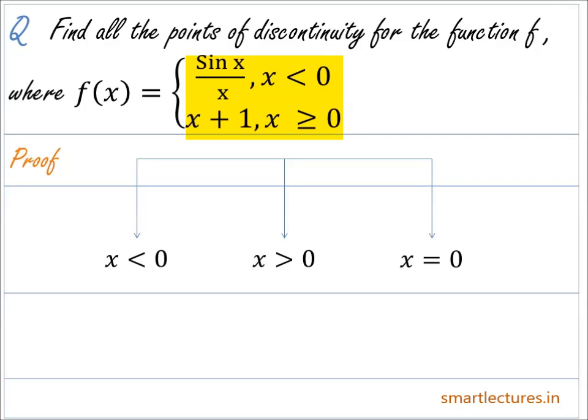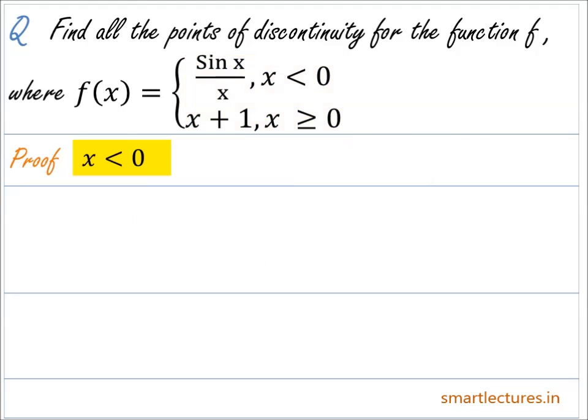So let's check the continuity of this function for x less than 0. Now if x is less than 0, then f of x is equal to sin x upon x. In the previous episodes, you have already learned that the sine function, f of x equal to sin x, is a continuous function, and similarly the function f of x equal to x is also a continuous function.